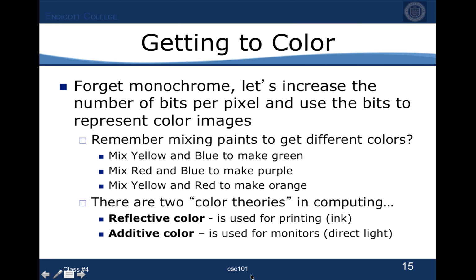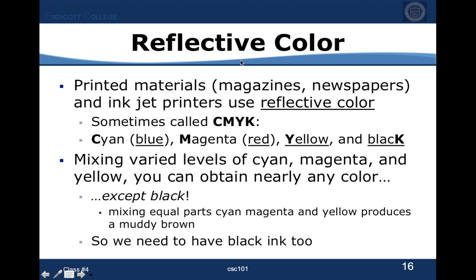So there are 2 different color concepts, or color theories, that are part of our lives: reflective and additive. Let's talk about each just briefly. Reflective color refers to printed materials, so maybe magazines, photos, wherever they might be printed, and your printer. The physical printing of an item uses what's called reflective color.